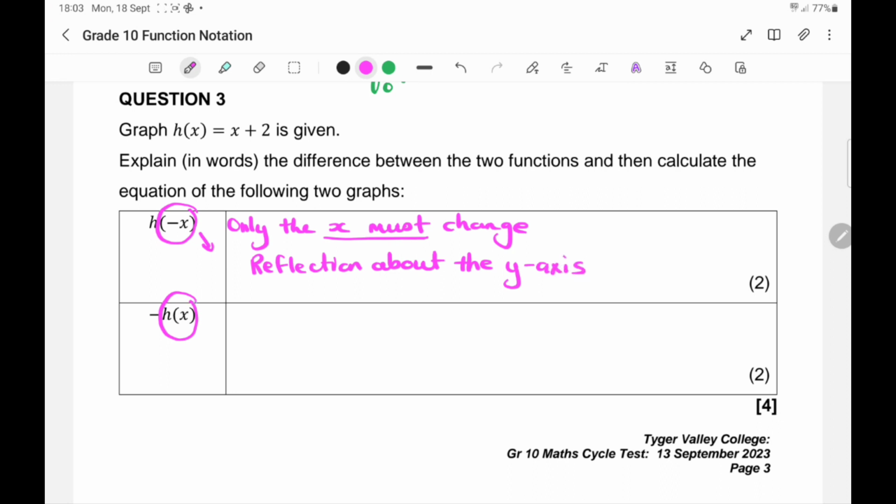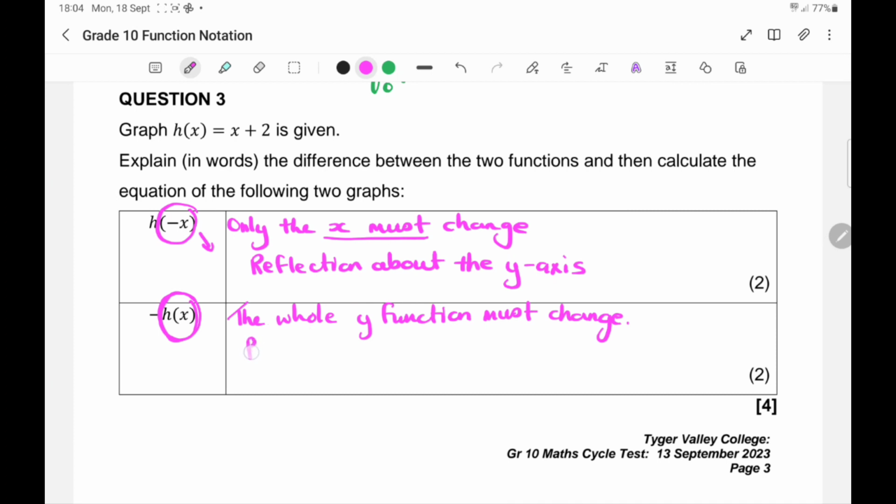Okay, and over here, if the whole function changes, that means the whole of the y function must change. Okay, so what it means is that the sign changes. I hope you understand it when I talk like that, sorry. So the whole y function must change.